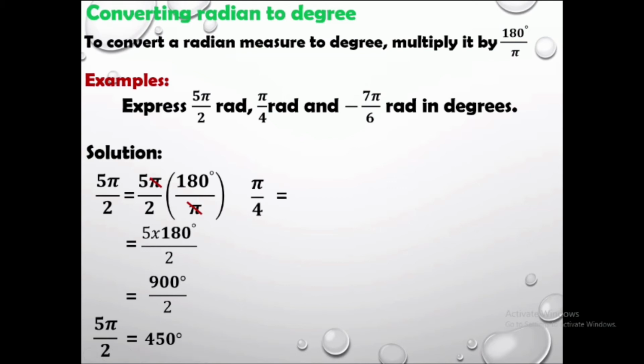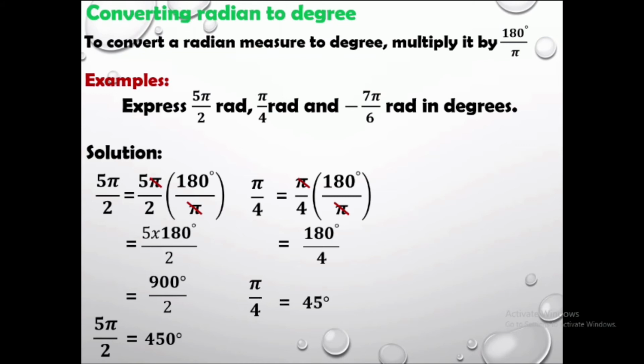Pi over 4, multiply natin sa 180 degrees over pi. So, na-cancel yung pi. So, the result is 180 degrees over 4, which is 45. Therefore, pi over 4 equals 45 degrees.